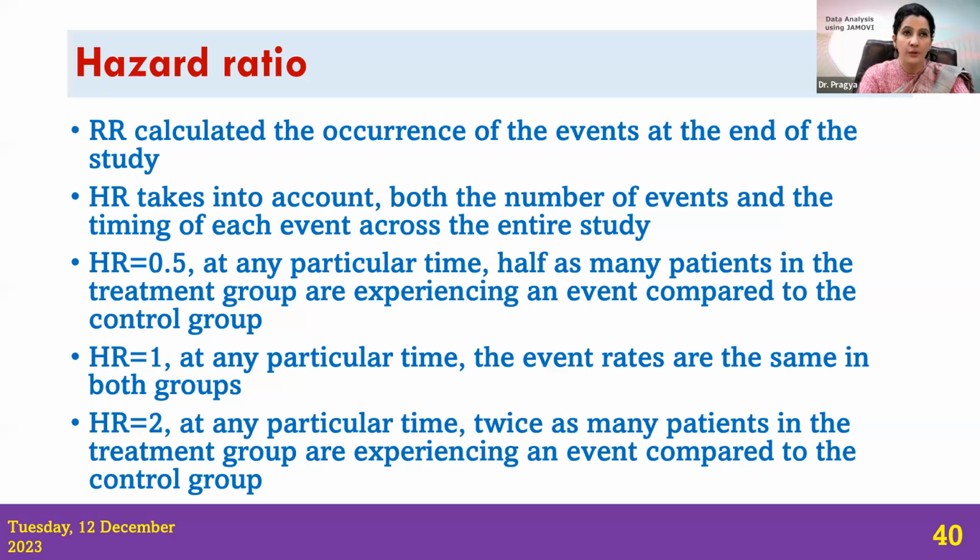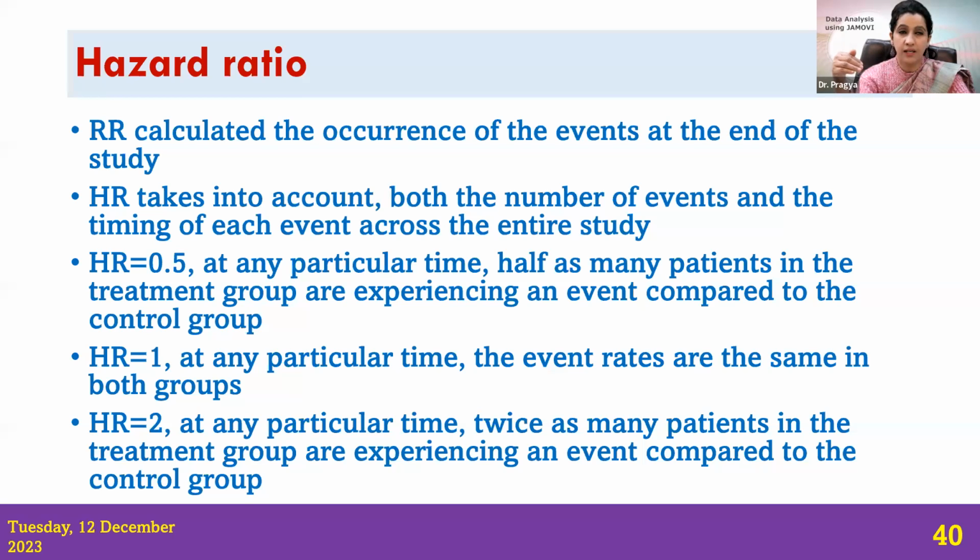Like you calculate the relative risk or the odds ratio, here you calculate the hazard ratio, which takes into account both the number of events and the timing of each event. So a hazard ratio of 0.5, what does it mean? It means that at any particular time point, half as many patients in the treatment group are experiencing an event as compared to the control group.